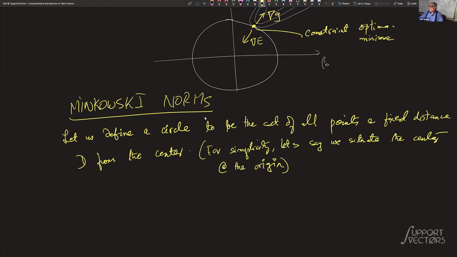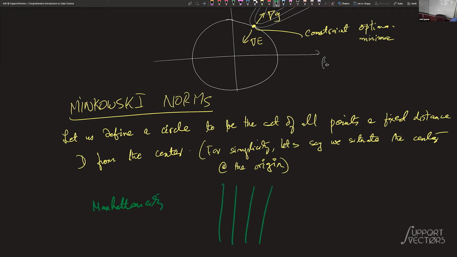Now, innocent looking as it is, Minkowski just made a tremendous generalization on the concept of a circle. And let me explain that to you. If you are a taxi driver, and typically one of the first cities that was built on a grid was Manhattan, isn't it? Manhattan, the city, was laid on a grid. So let's say this is Manhattan city.